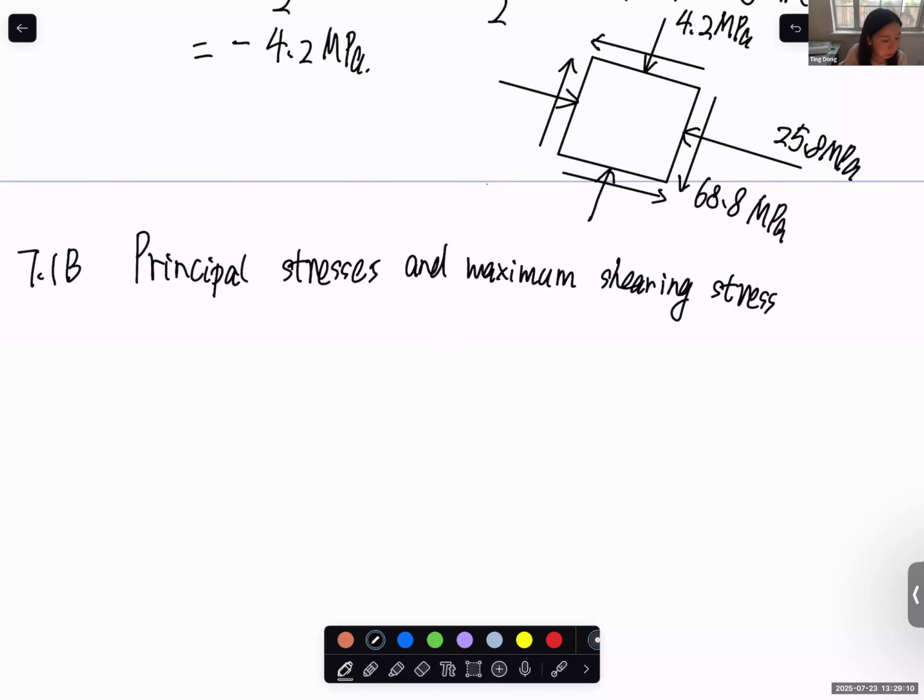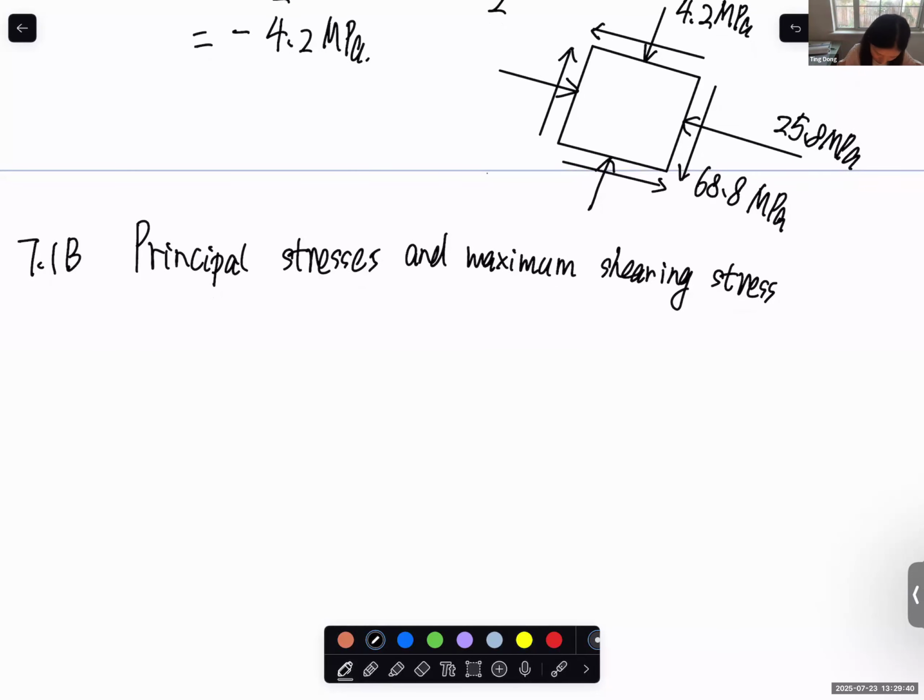So principal stress means the normal stress reaches maximum. And of course, let's say this is a square element in the xy plane. This is global x direction, this is global y direction. And I rotate a plane so that if on one plane the normal stress reaches maximum, automatically the other plane reaches minimum. So there's a definition of the principal stresses.